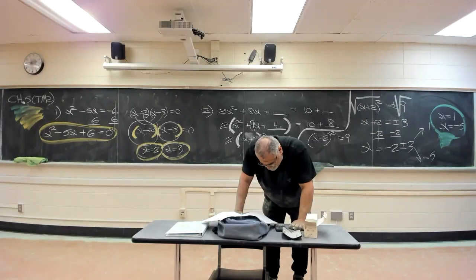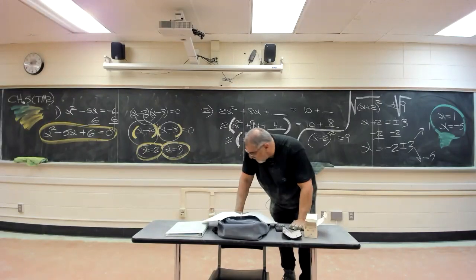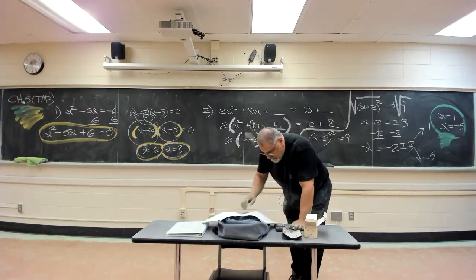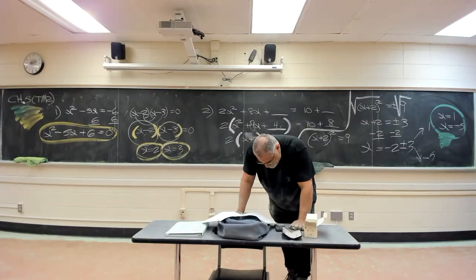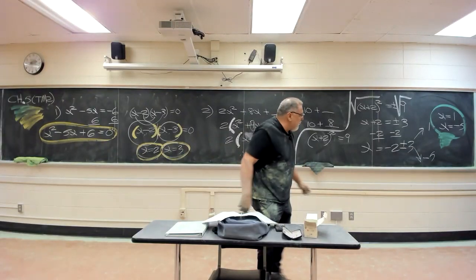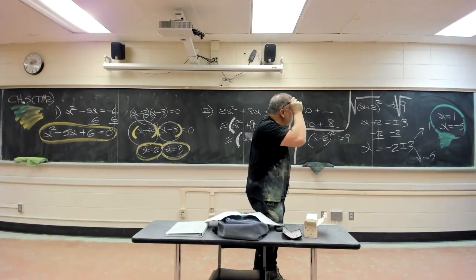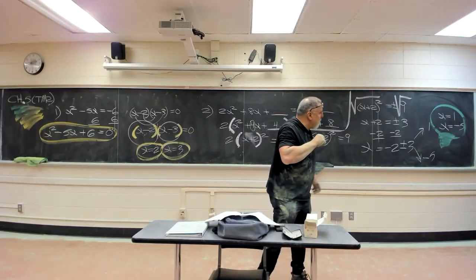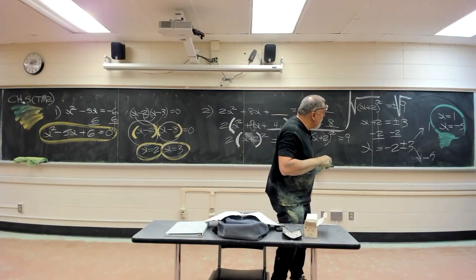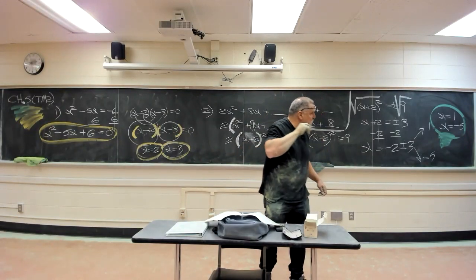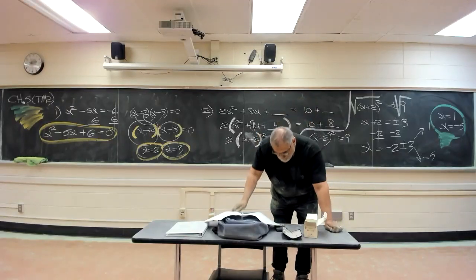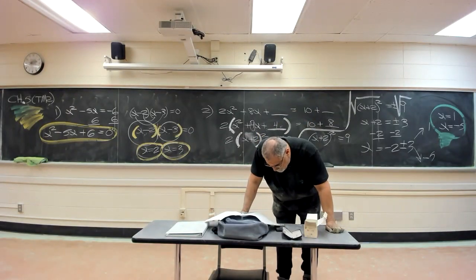For chapter 5, TM2, for number 1, we got 3 and 2 or 2 and 3. And for 2, we got 1 comma negative 5. You got it. So that's pretty good. Let's keep going.